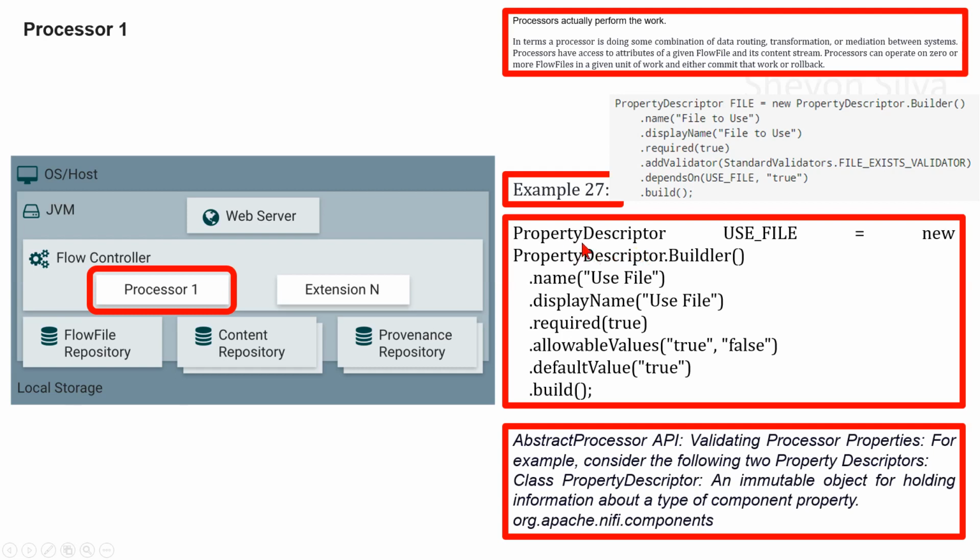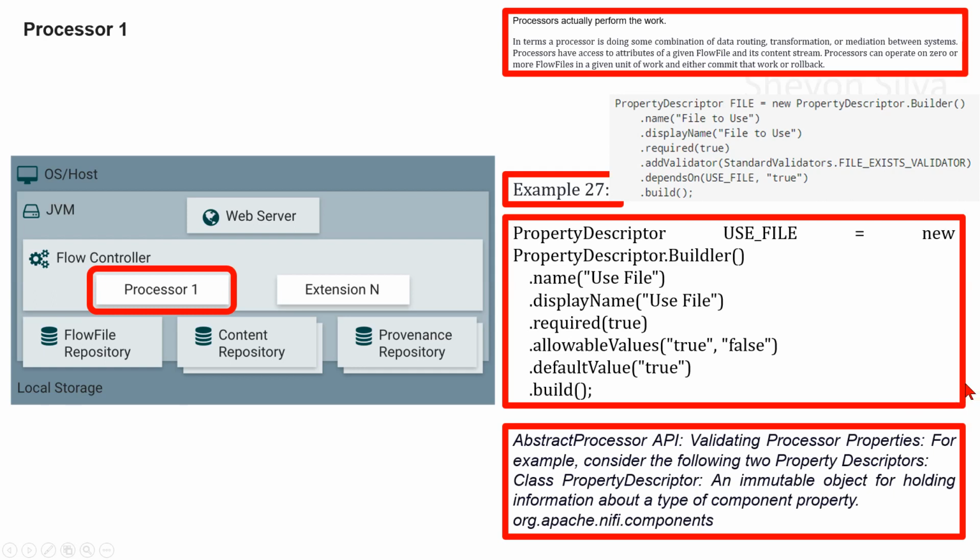The class PropertyDescriptor is an immutable object for holding information about a type of component's property. This is in the package org.apache.nifi.components. A processor is not able to be started if its configuration is not valid.